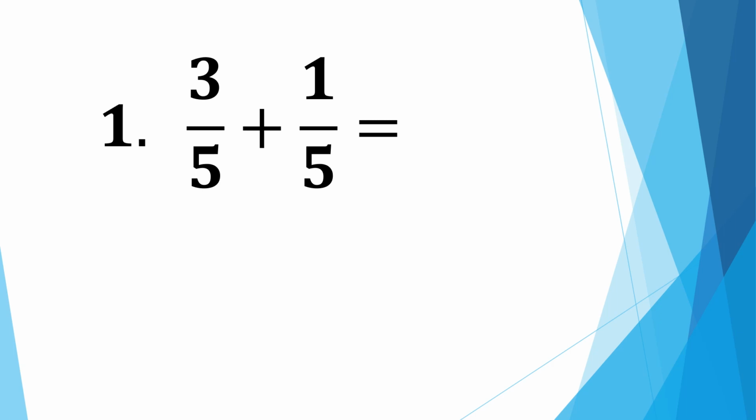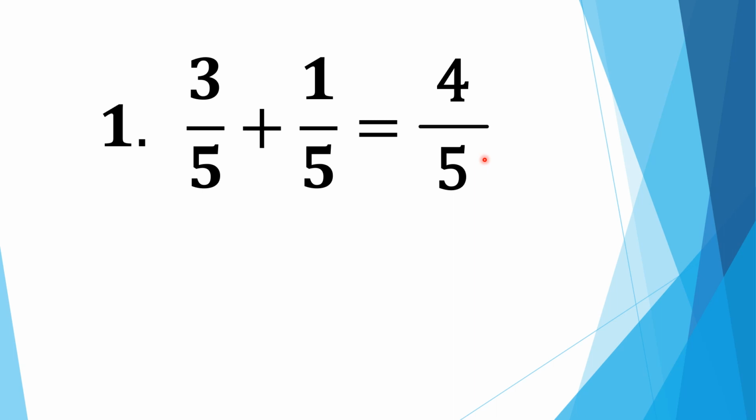Number 1. 3/5 plus 1/5 is equal to. Step 1: Add the numerators. 3 plus 1 is equal to 4. Step 2: Copy the denominator, 5. Step 3: Reduce or simplify into lowest term if possible. 4/5 is already in the lowest term.